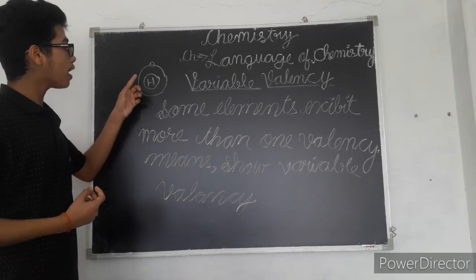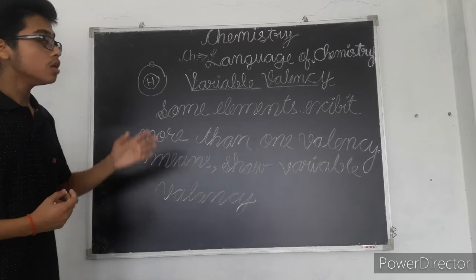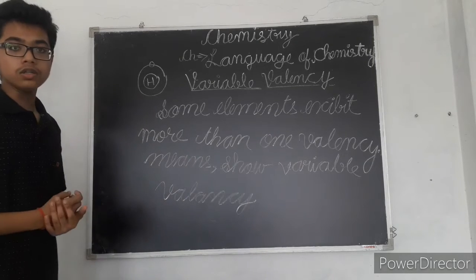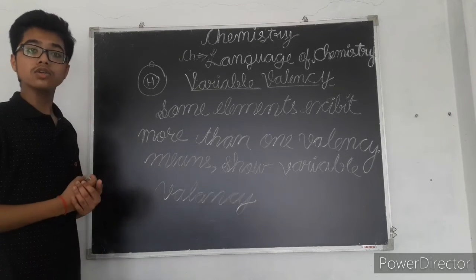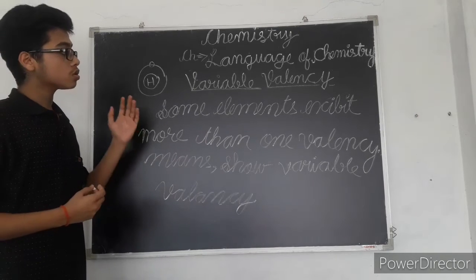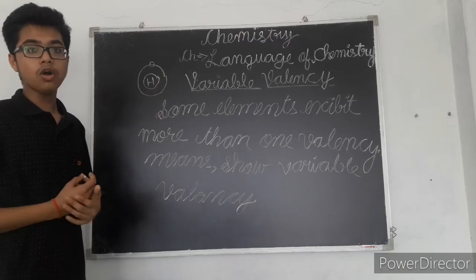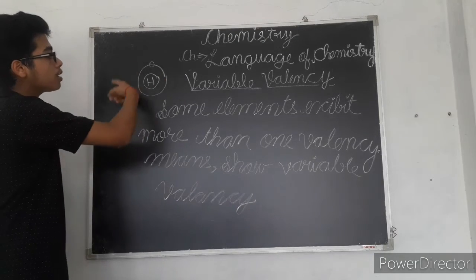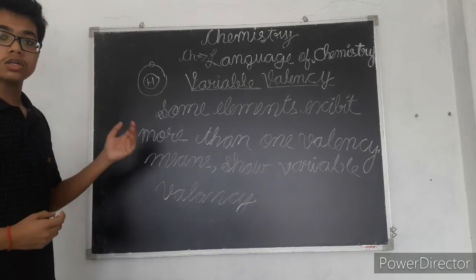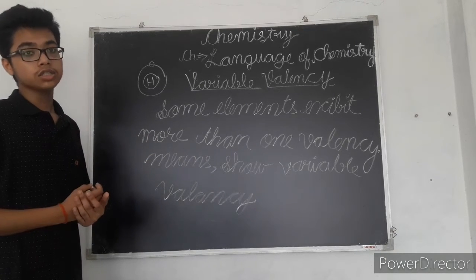So the valency of hydrogen is 1. The number of electrons in the outermost shell is also called valence electrons, and the outermost shell of any element is called the valence shell.